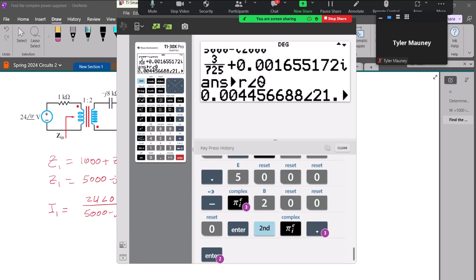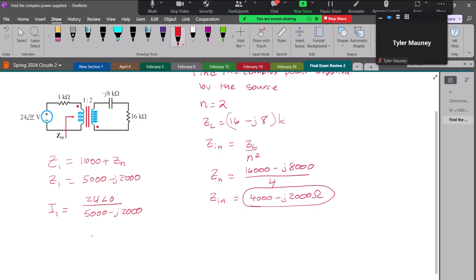And so I get 4.45 milliamps. Oh, that is right, I was just reading it wrong. Okay, so I1 equals 4.457 angle 21.8 degrees milliamps.